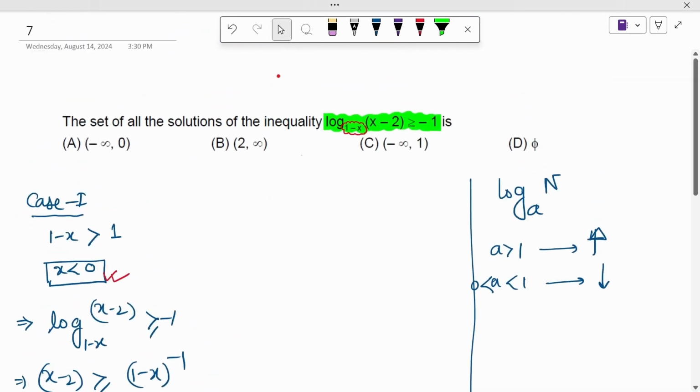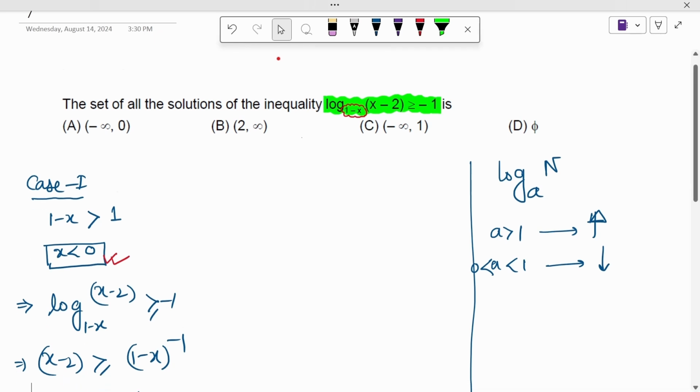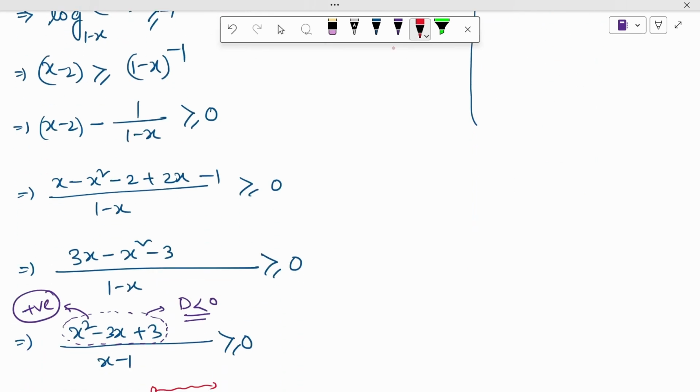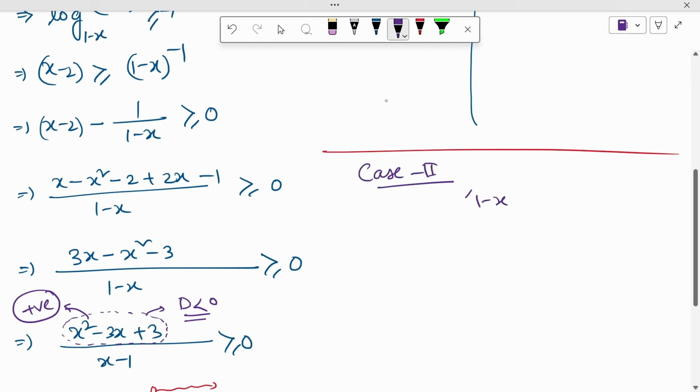The second case is that the base lies between 0 and 1. Here the base is 1 minus x. So let's take case 2. Here the base was 1 minus x, so 1 minus x should lie between 0 and 1. That means in this case, the function will behave like a decreasing function, right?